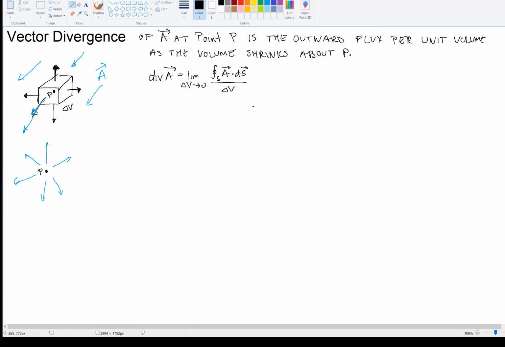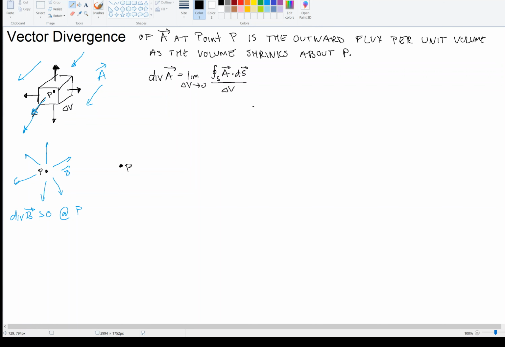It looks like P is the source of this vector field, and we would say this has positive divergence. If this is vector field B, the divergence of B is greater than 0 at point P. The arrows are diverging from one another.